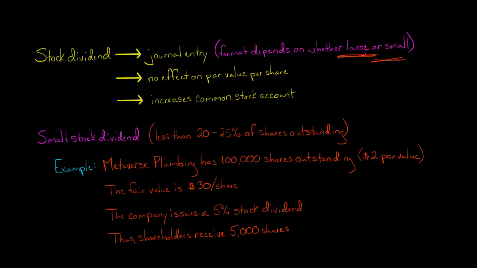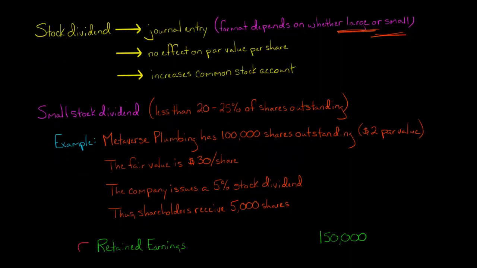We had 100,000 shares outstanding, so the people who own shares right now are going to get 5,000 shares. That'll be spread among the existing shareholders on a pro rata basis. So we're going from 100,000 shares outstanding to 105,000 shares floating around. That's what we mean when we say it's a 5% stock dividend. That's less than 20 to 25% of the shares outstanding, so it's a small stock dividend.